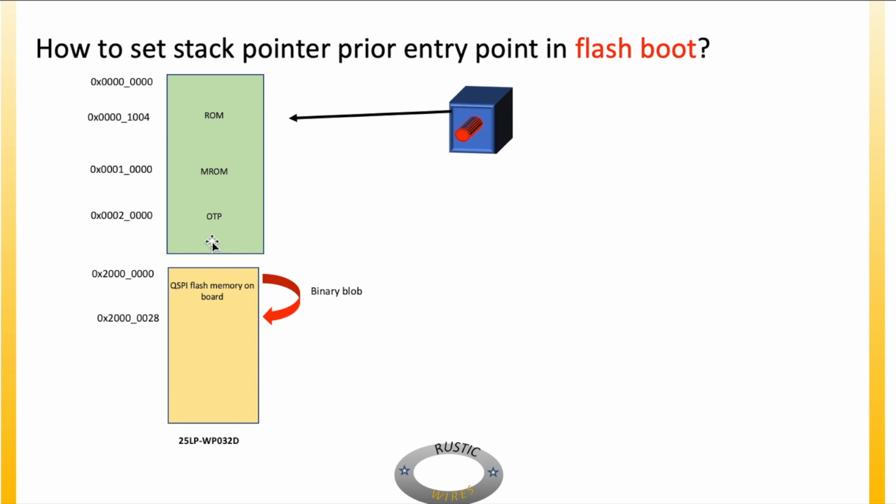So the scope of changes is only after the execution jumps into the flash. These are all one-time programmable memory and MROM and ROM, all fused during the manufacturing of the SoC. And if you refer to the FE310 manual, then right after this, the execution would jump into the start address of the QSPI address.